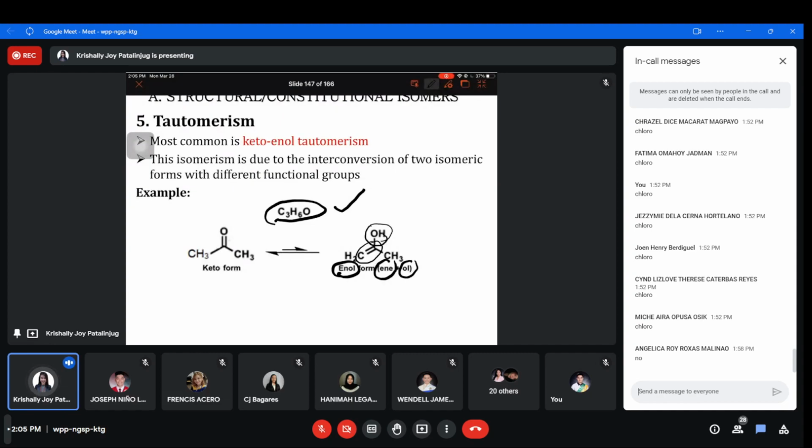Kasi you have the same formula of a ketone, then if i-convert mo siya to enol form, same pa din, C3H6O. So yan yung tandaan nyo, ketone, enol to ketone, tautomerism. Diba? So rare lang naman to na type of isomerism.